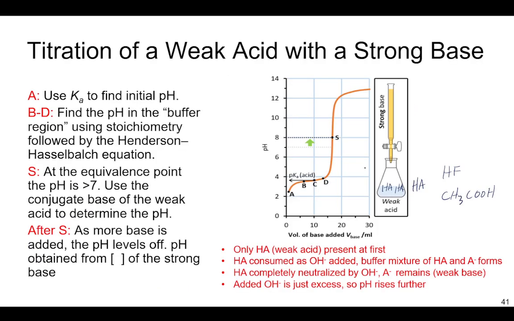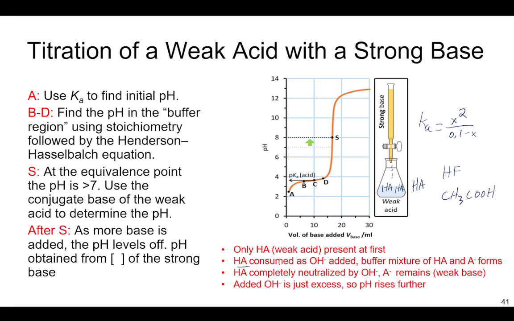Remember, you have to, for a weak acid, get the Ka involved, do an ice chart. You'll wind up with like x squared over the initial concentration equals the Ka, solve for x, negative log of x, all of that to determine the initial pH before the titration even begins.